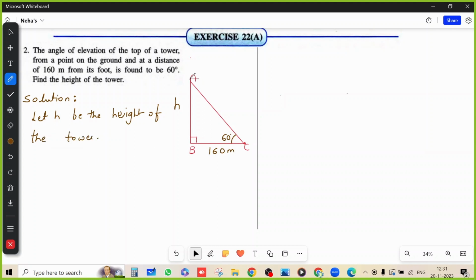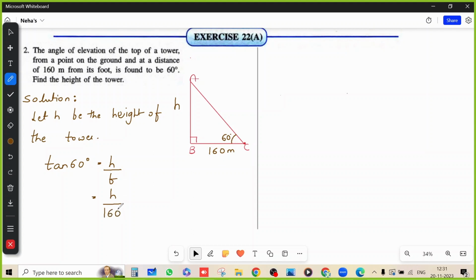Then we are already given that angle ACB is 60 degrees. Now from the figure, we know that tan 60 degree, that is tan theta, is equal to height upon base. So here we are going to put the values in the formula. So h here we have to find out, and the base is given as 160 meter. And we know that the value of tan 60 degree is root 3. So we can find the height from here.